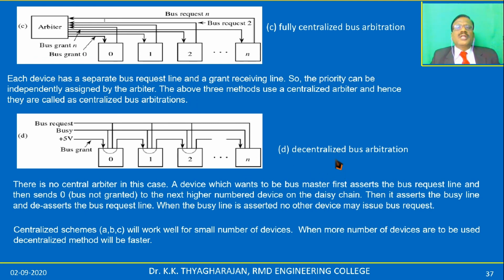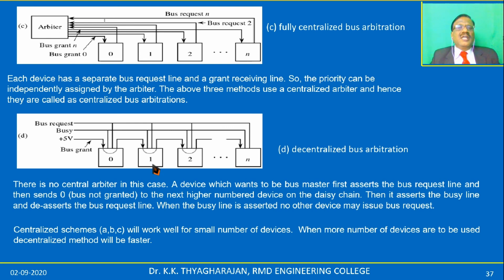In the fourth method, no arbiter is used. Instead, a busy signal is used. All these devices are connected in a daisy chain mode.